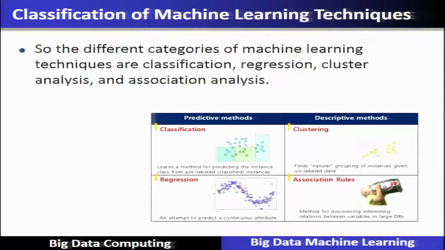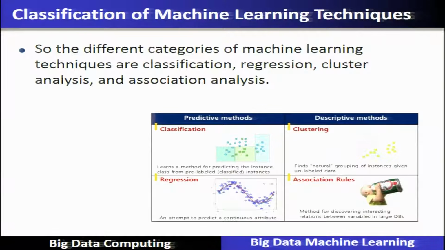So, regarding the classification of machine learning techniques, we have seen different categories: classification, regression, cluster analysis and association analysis. Depending upon the problem, we have to apply one of these categories to solve problems in the machine learning landscape.